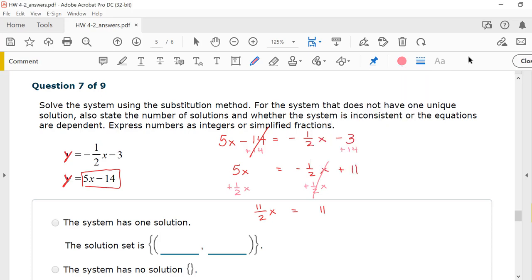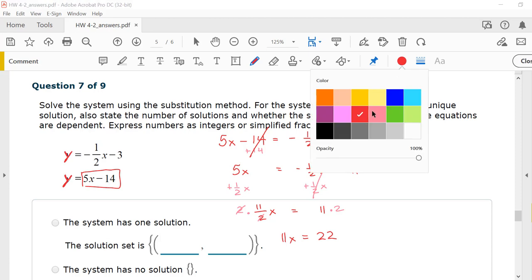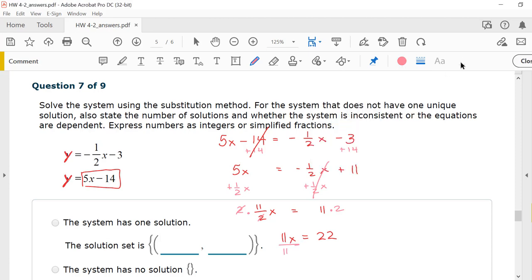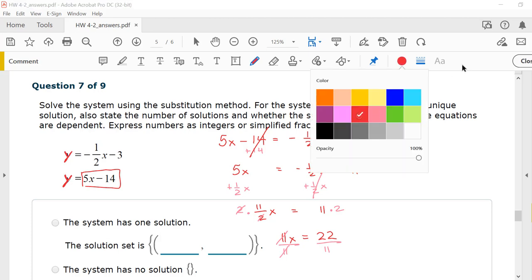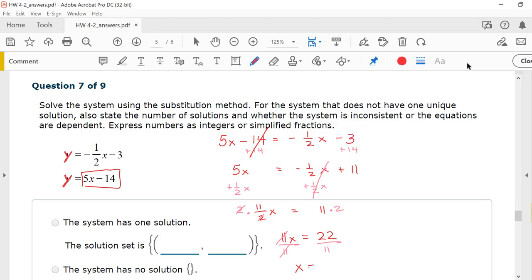I want to multiply both sides by 2. 11x equals 11 times 2, which is 22. Divide by 11. X equals 22 divided by 11, which is 2. I know x equals 2.